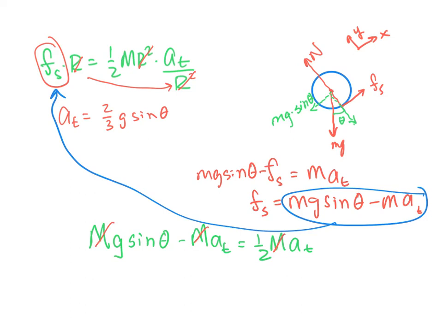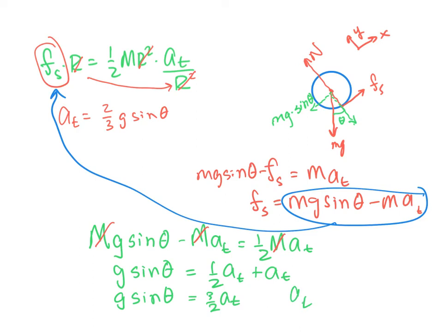Get my A terms on the same side, so g sine theta equals 1/2 AT plus AT. Factor out the AT, g sine theta equals 3/2 AT. So AT is equal to 2/3 g sine theta.